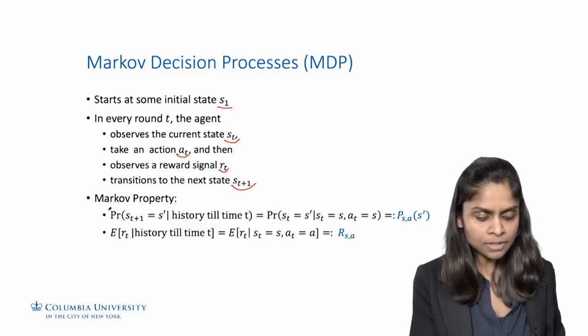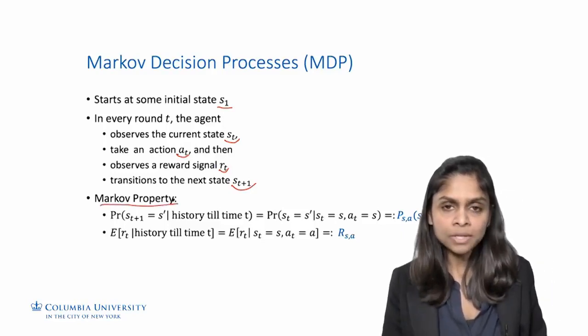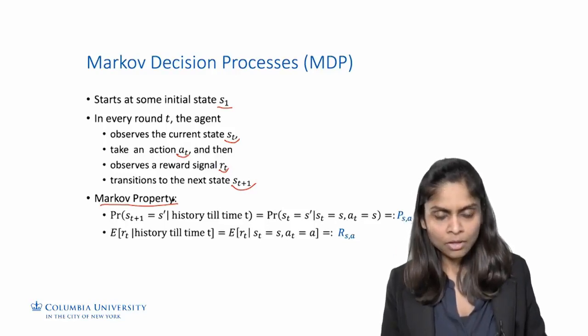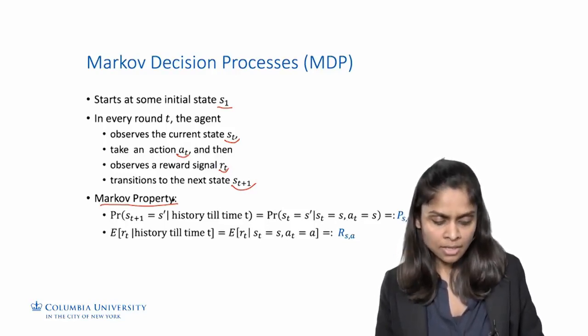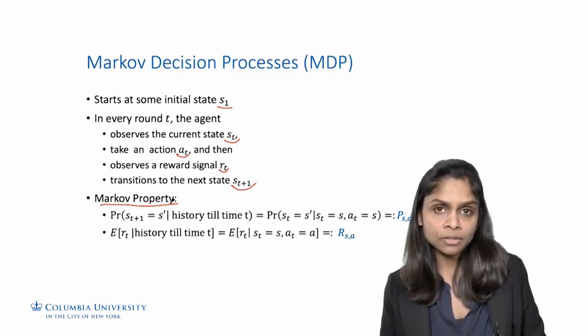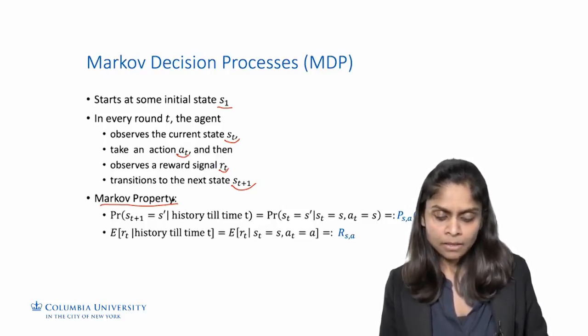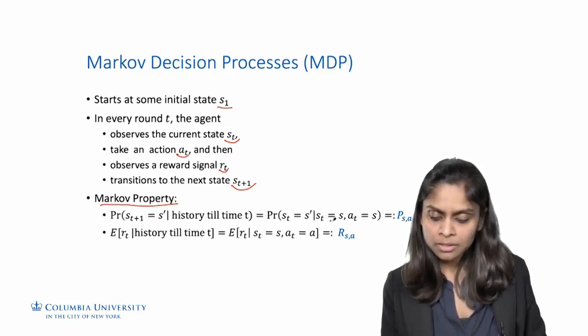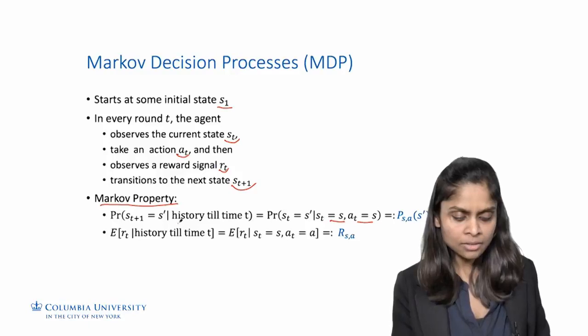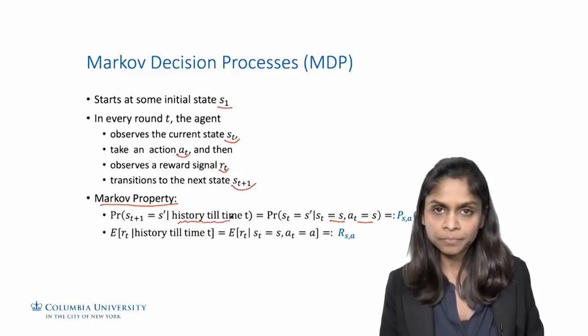The Markov property that I mentioned earlier is formally stated as the following two properties. Firstly, the probability of transitioning to a particular next state depends only on the current state and the action taken in the current state, and not on any other aspect of the history.